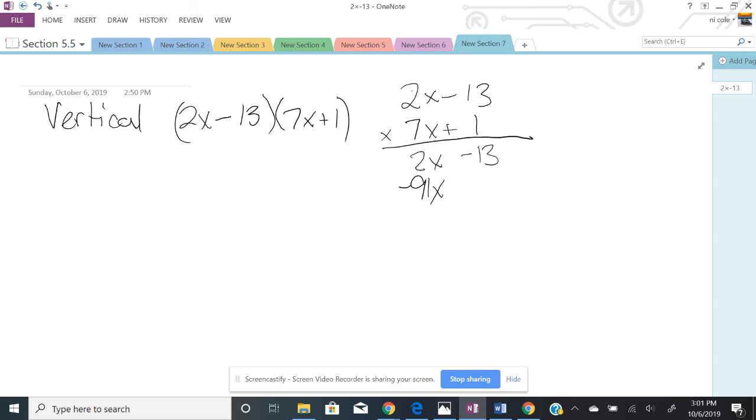And then 7x times 2x gives me 14x squared. Okay, now I can just add them. So that's 14x squared minus 89x minus 13. So you could do it just like longhand multiplication and write them vertically.